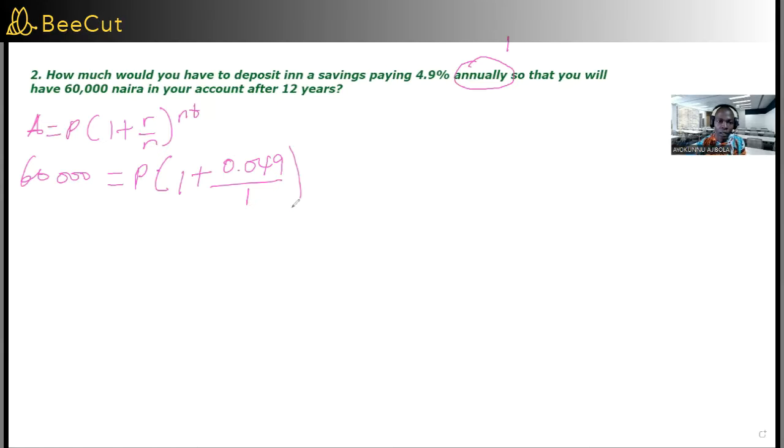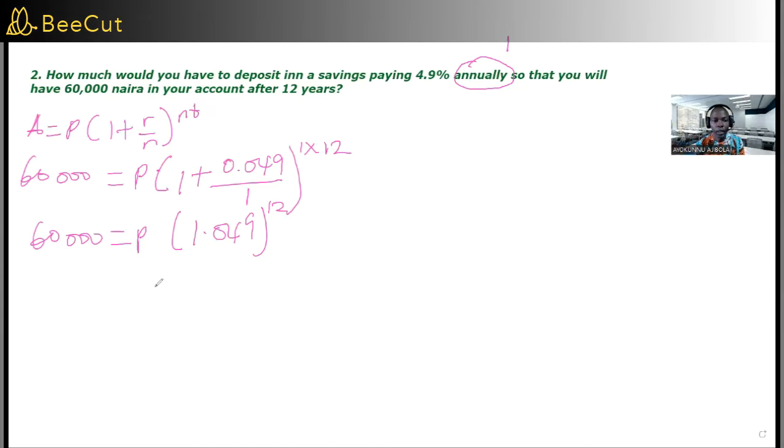Then raise to the power of this same 1 times the number of years I was given, which is 12 years. So here now, you're going to have 60,000 equals P times 1.049 over 1 raised to power 12.